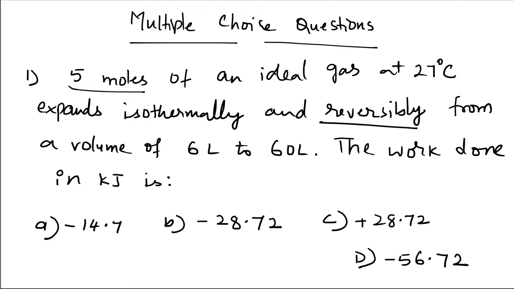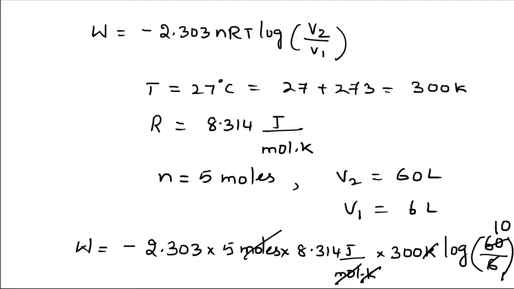Let's find out whether it is A or B by doing the mathematics. I am taking help of my calculator. 2.303 times 5 times 8.314 times 300.